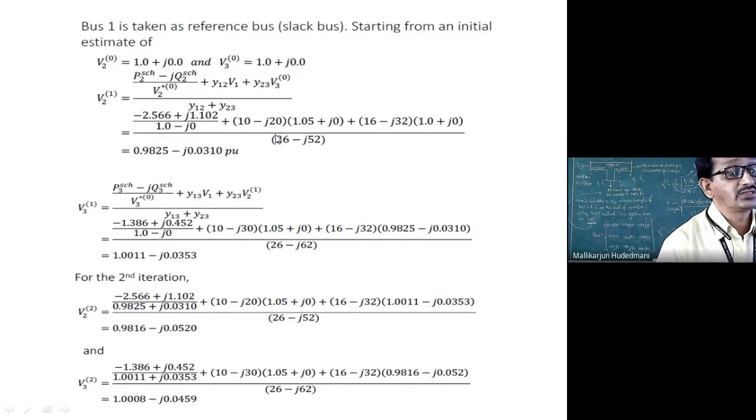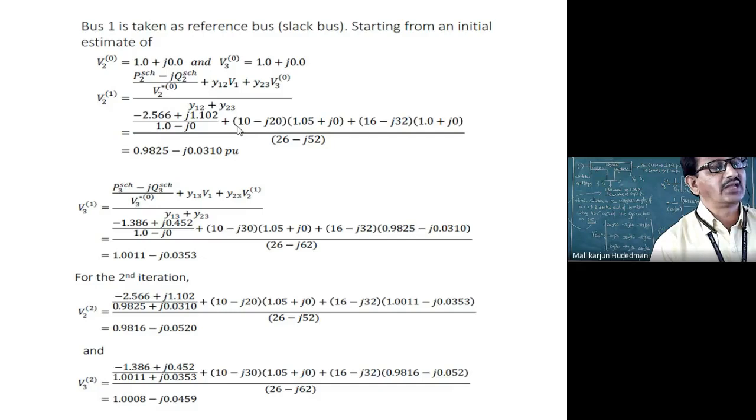What was our second term? We had minus capital Y21. Hope you remember it. The minus is there because Y21 was a capital term obtained from the Y bus. Y bus off-diagonals will always have negatives.